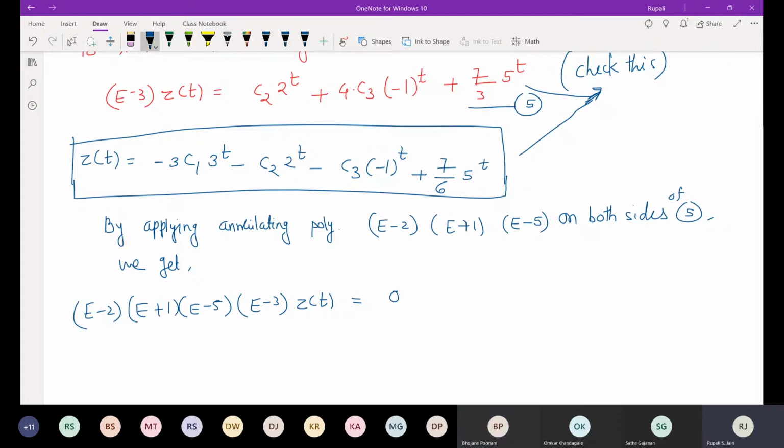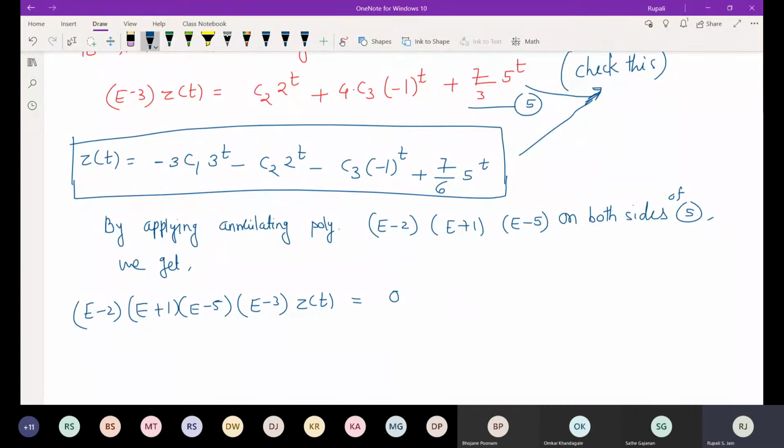Are you convinced that the right hand side will be 0? Yes, ma'am. Or you can directly operate this over this, then this. So this will be 0.